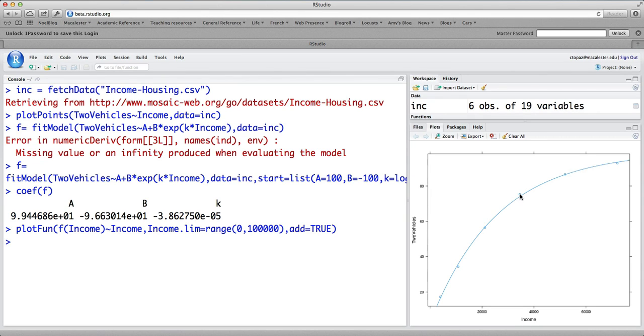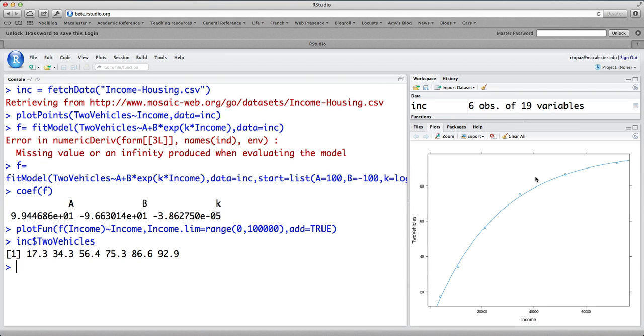And so we can look at those numerically. First, let's figure out how to get those two different sets of y-coordinates. If I want the y-coordinates of the data themselves, that's easy. That's just the 2 vehicles numbers. So I can type inc$2 vehicles. That means take the 2 vehicles column of the inc variable, and that just gives me that list of numbers.